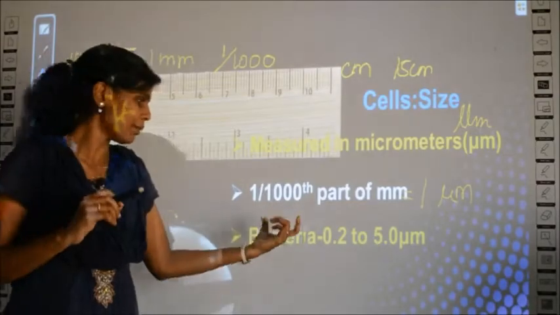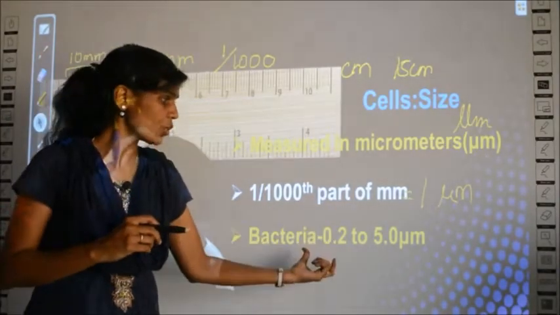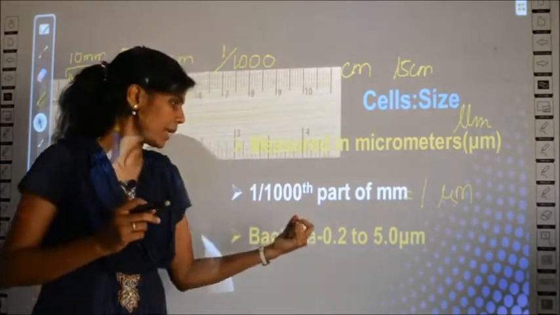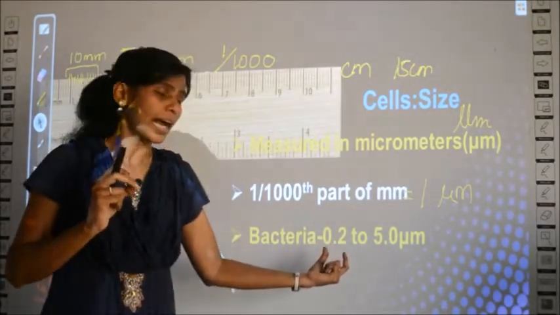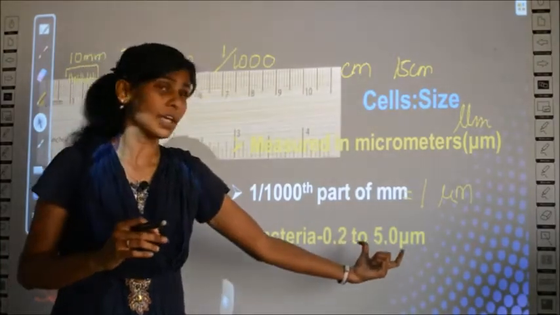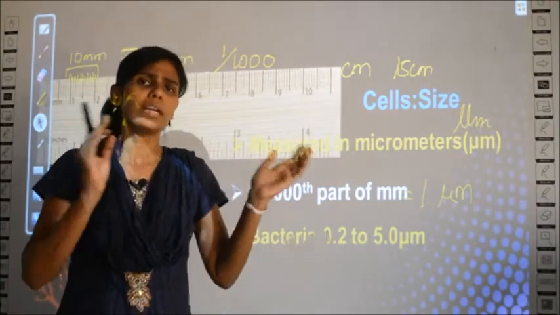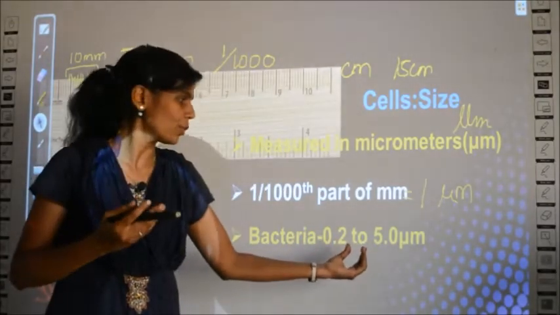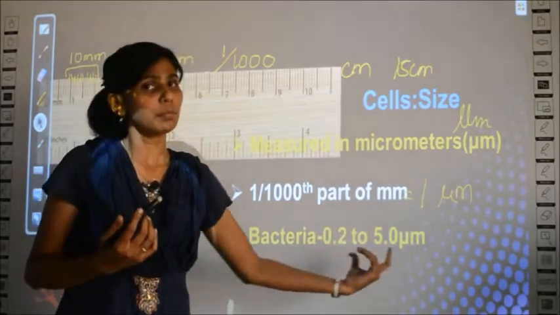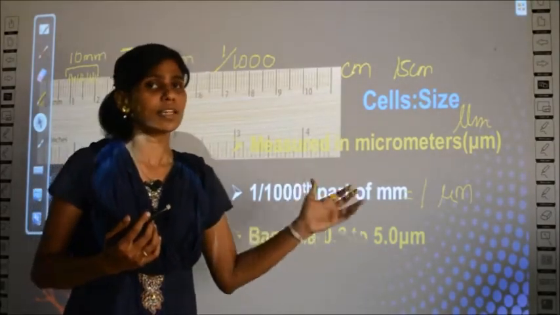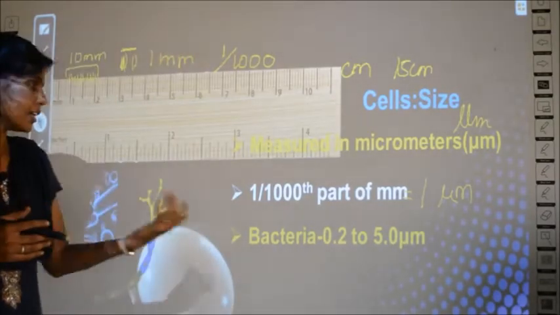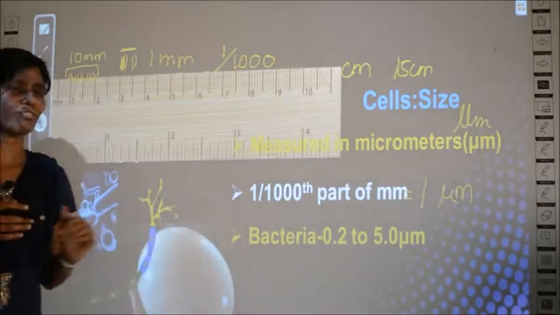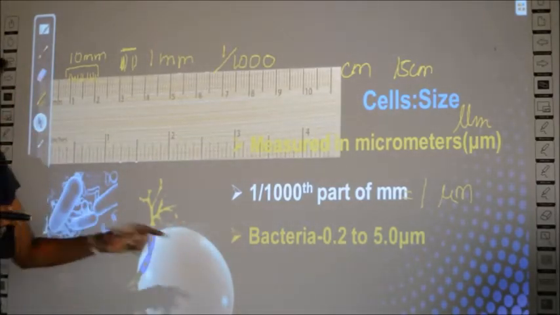For example, for bacteria the size is given as 0.2 to 5 micrometers, which means the smallest bacteria can be as small as 0.2 and the biggest can be even 5 micrometers. In between these two ranges it may be 0.3 or 0.4 or 1, like that. Clear? So this is the bacteria, and the average size of bacteria is between 0.5 to 5 micrometers.